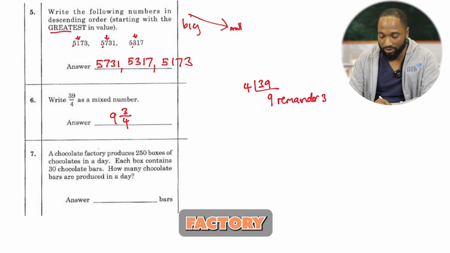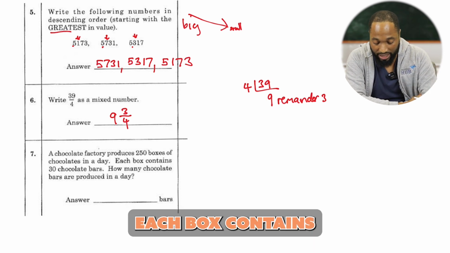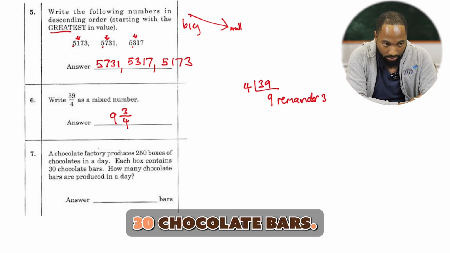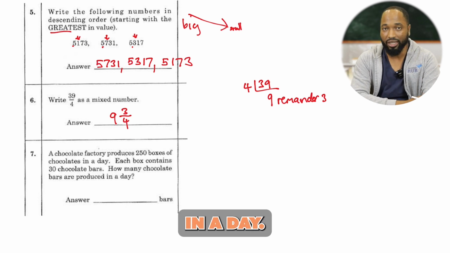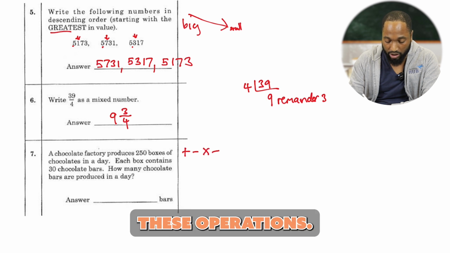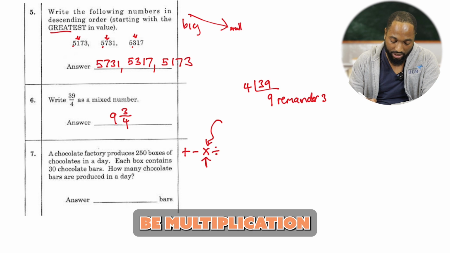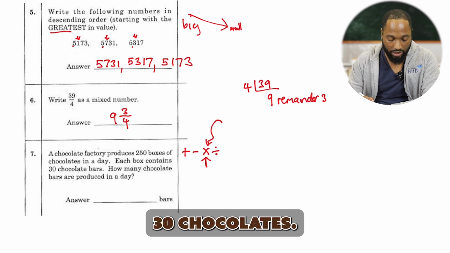A chocolate factory produces 250 boxes of chocolates in a day. Each box contains 30 chocolate bars. How many chocolate bars are produced in a day? This is just for you to identify which one of these operations we need to use. Which one do you think it is? For sure, it's going to be multiplication. 250 boxes, each box has 30 chocolates.